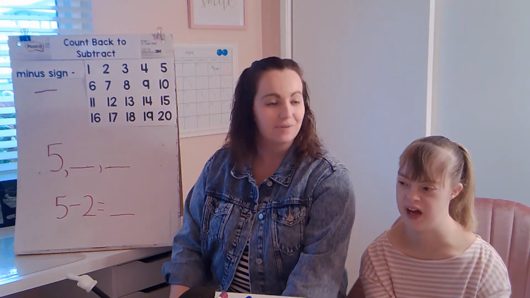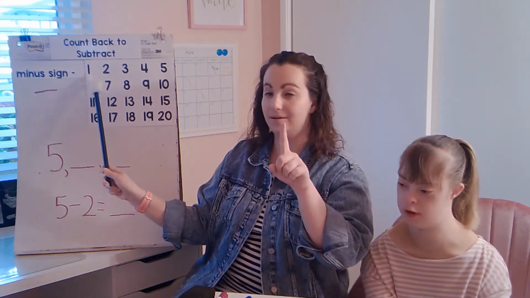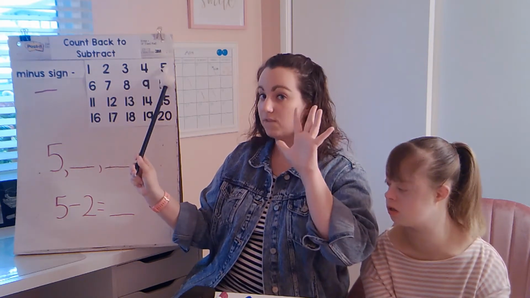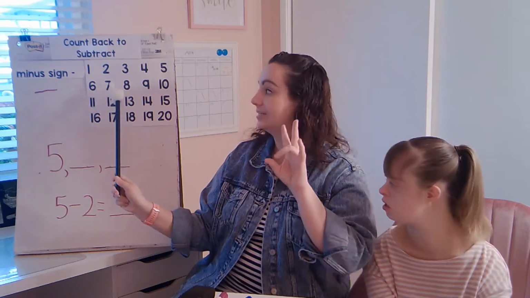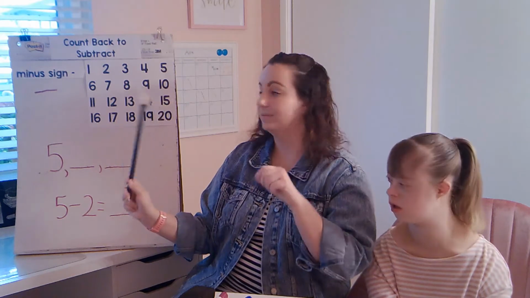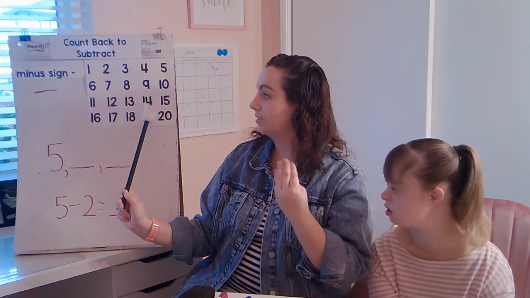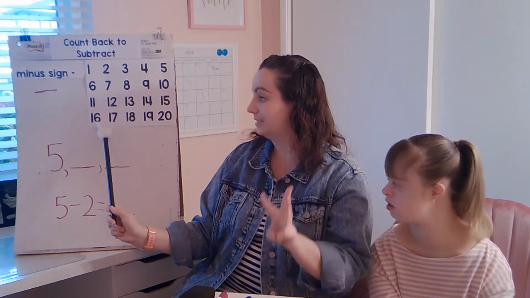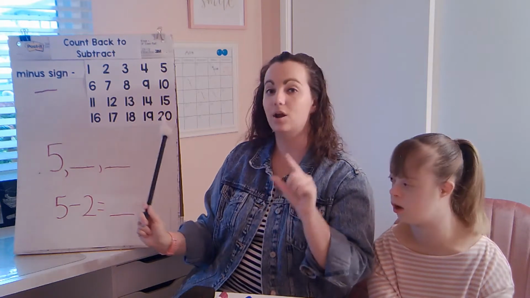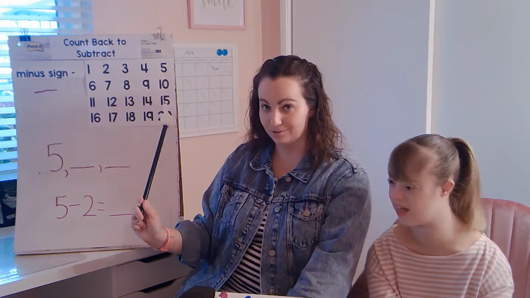Ready, set, count with me. 1, 2, 3, 4, 5, 6, 7, 8, 9, 10, 11, 12, 13, 14, 15, 16, 17, 18, 19, 20. Ooh, we did really good counting those.